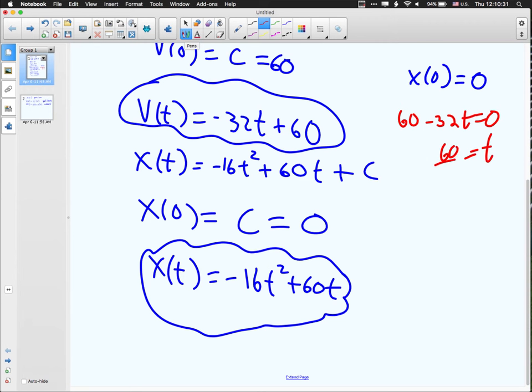Okay, so t is 60 over 32, or 15/8 seconds.